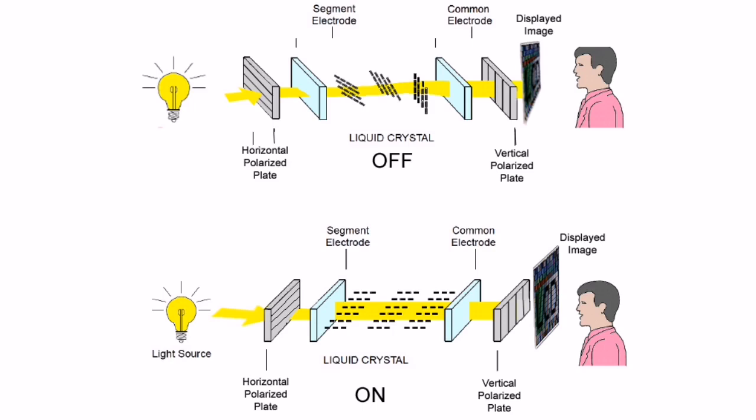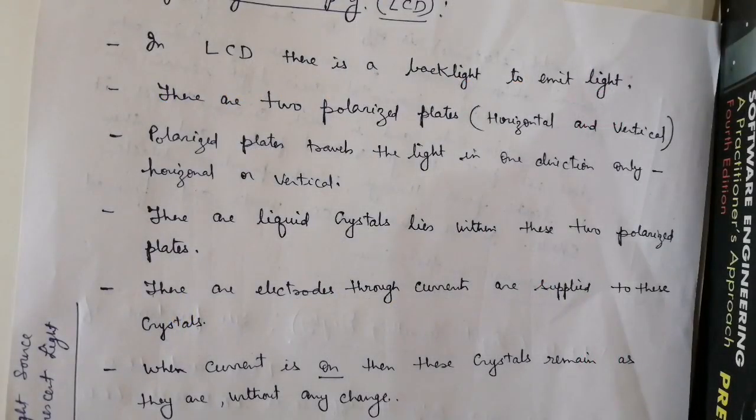The crystals rotate the light beam by 90 degrees. So the light now crosses the vertical plate also, and then it hits the RGB pixels.